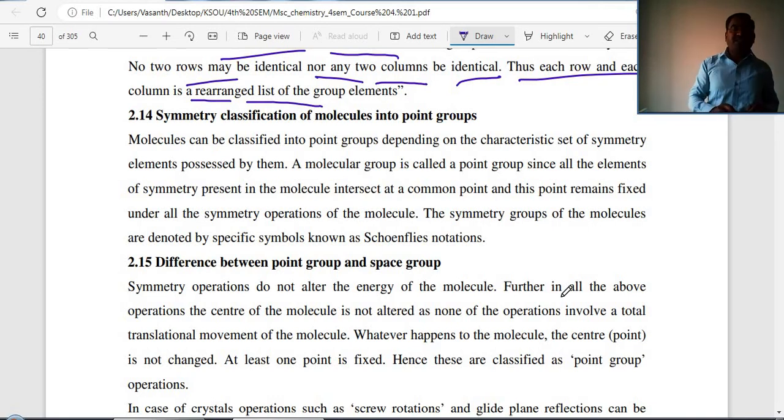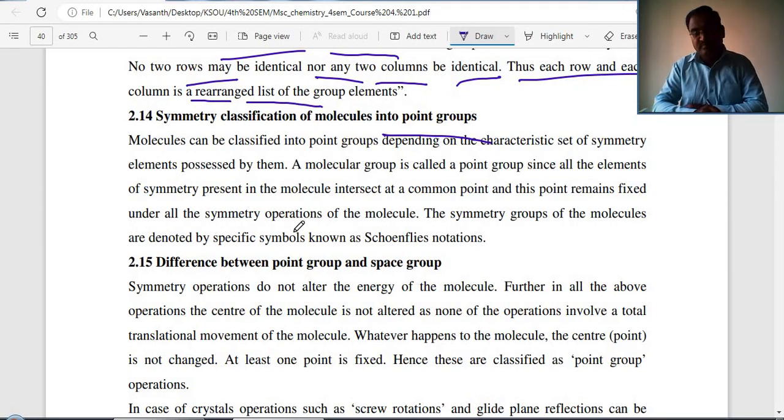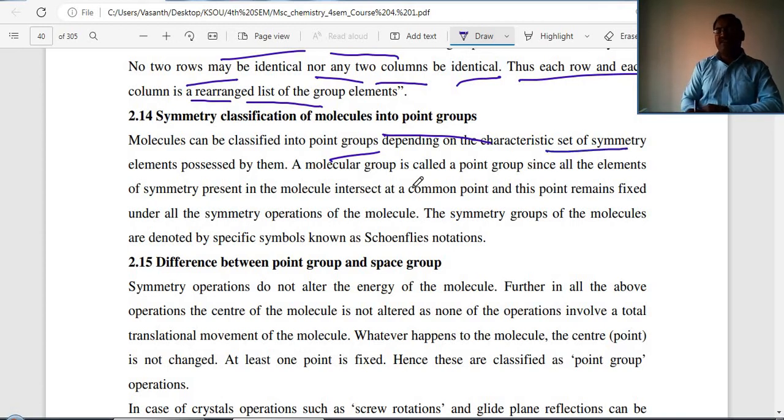What is the symmetric classification of molecules into a point group? Molecules can be classified into point groups depending on the characteristic set of symmetry elements possessed by them.